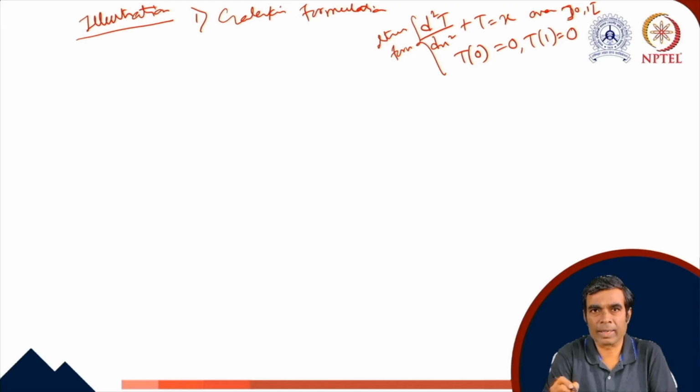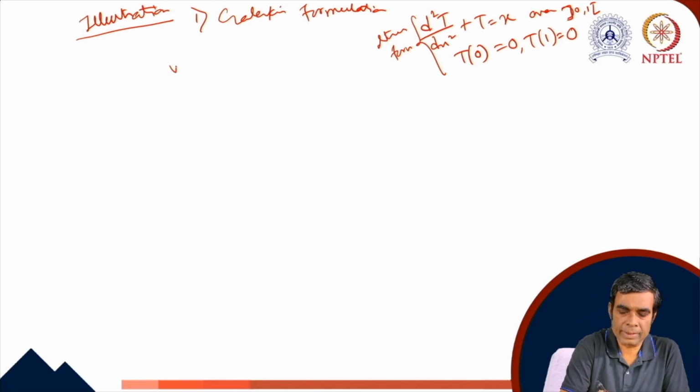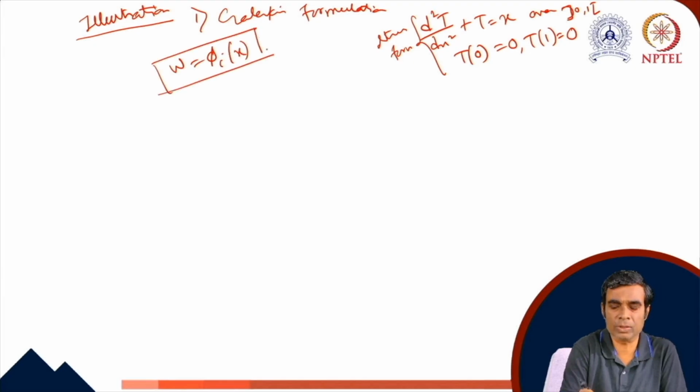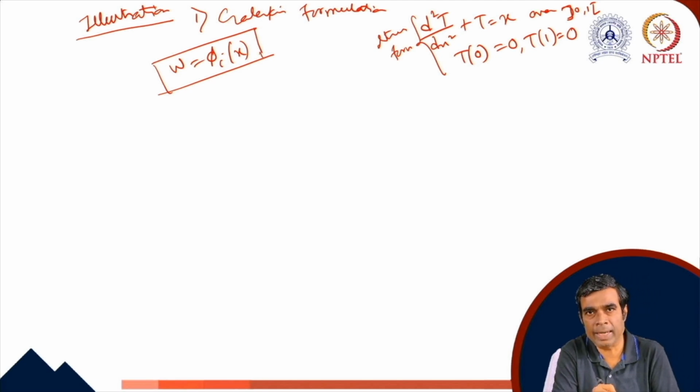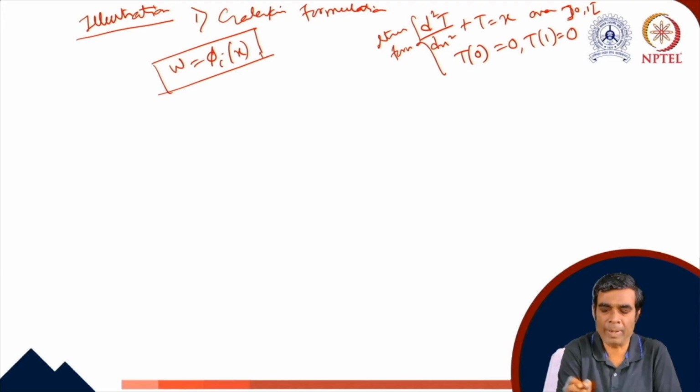Now for the Galerkin method, I already told you that W equals phi I x. This happens in the Galerkin formulation and the Rayleigh-Ritz formulation, and because of this, whatever solution we already obtained using the Rayleigh-Ritz method, we expect to get exactly the same solution using the Galerkin formulation, because we are using essential boundary conditions at both boundaries and we have the same approximate functions.